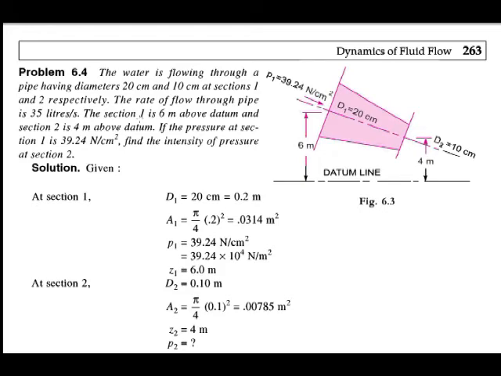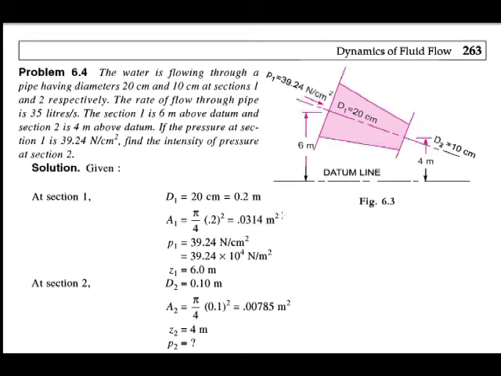Given at section 1, d1 is 20 centimeter, which in meter is 0.2 meter. So the area at point 1 is pi by 4 into 0.2 square, which is equal to 0.0314 meter square.